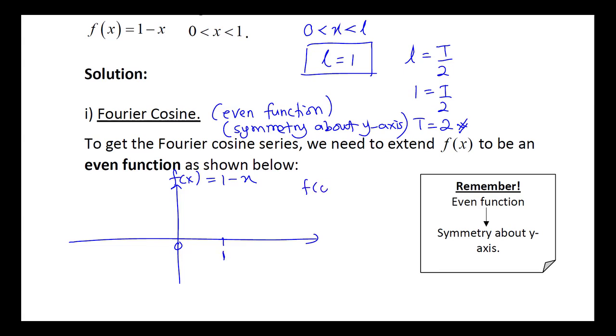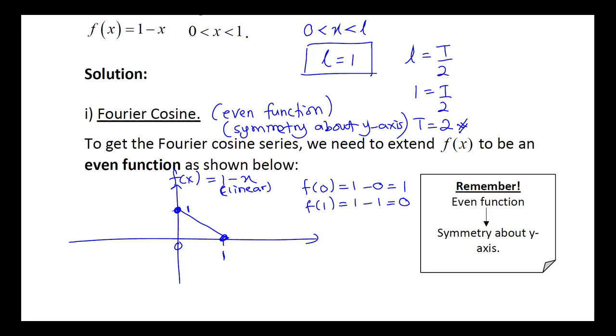When f(0), we will get 1 minus 0, so 1. So we get 1 here. When x equals 1, 1 minus 1, we will get 0. And this one is linear, and minus x means decrease. So we get a line like this.